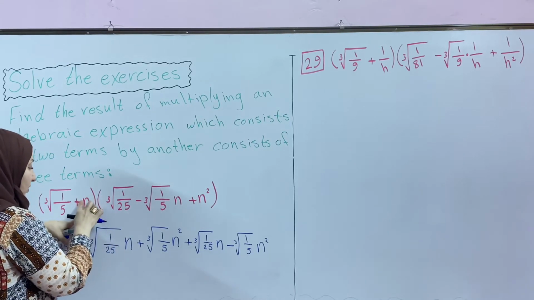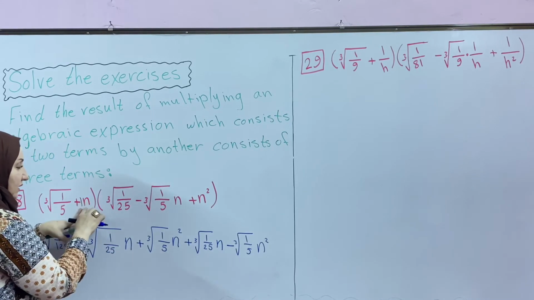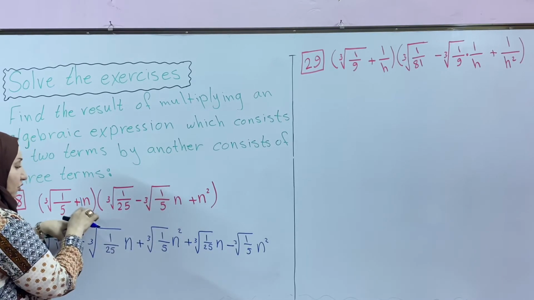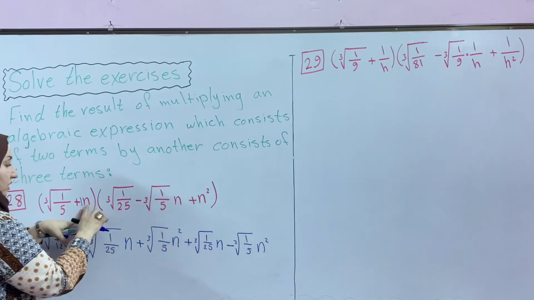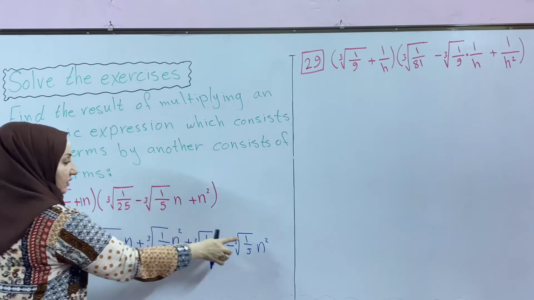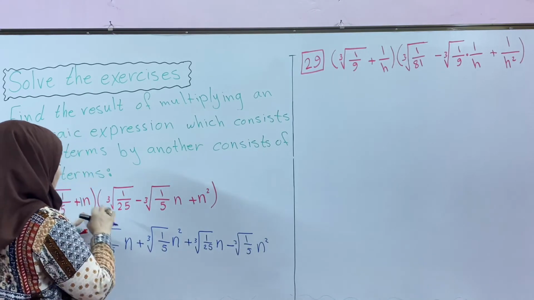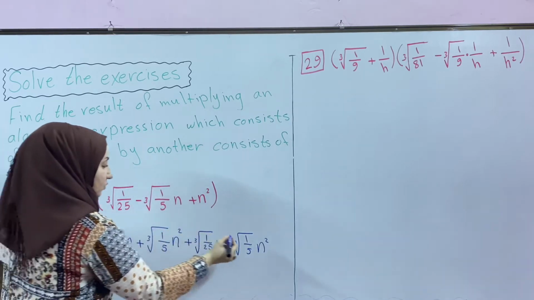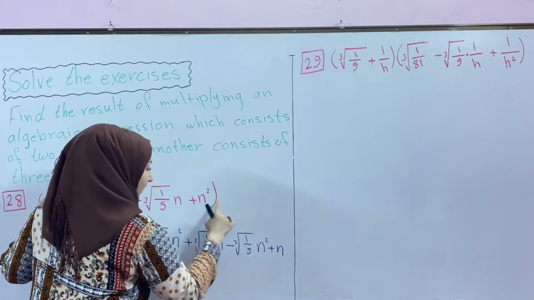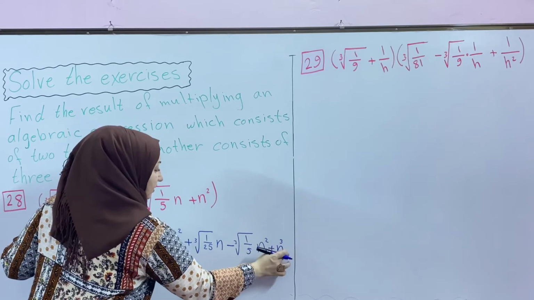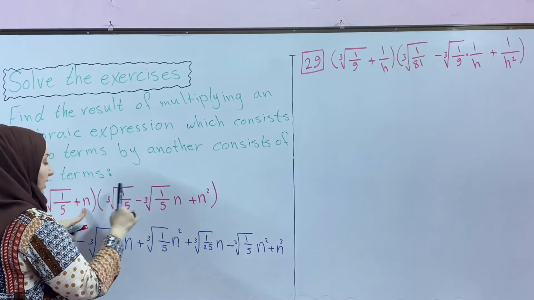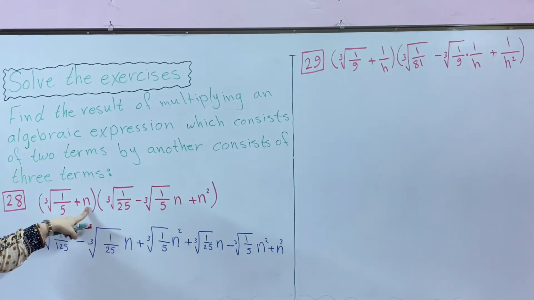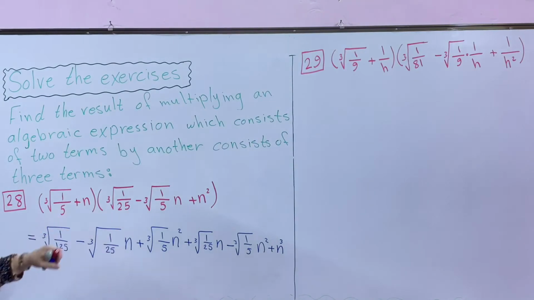The cubic root multiplied by 1 will stay the same, and we multiply the variable by the variable, so we get n times n squared. Positive n multiplied by positive n squared is positive n cubed. That means when we multiply, we add the powers if the bases are equal.